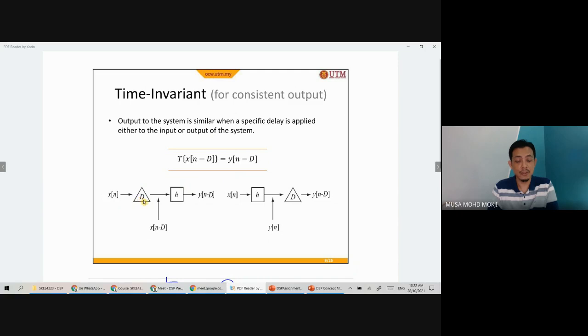You delay buying it and wait for another 3 days. Why? Because after 3 days there will be a discount, some promotion. It's supposed to be 5 ringgit, but after waiting 3 days, you only pay 4 ringgit.